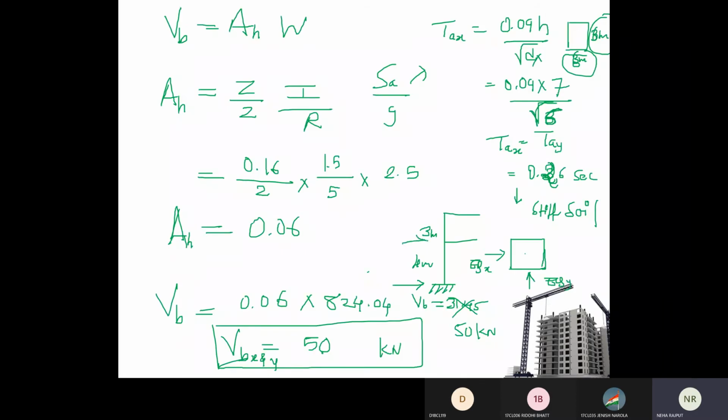Right. Now the distribution of base shear along the height of the building. You are going to find the load acting on the first floor and the load acting on the roof level by finding the Q1 value and Q2 value.